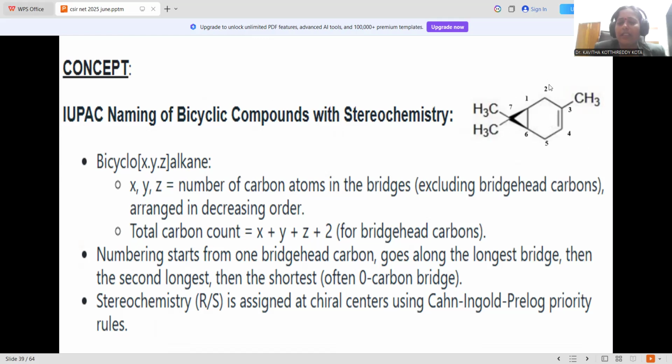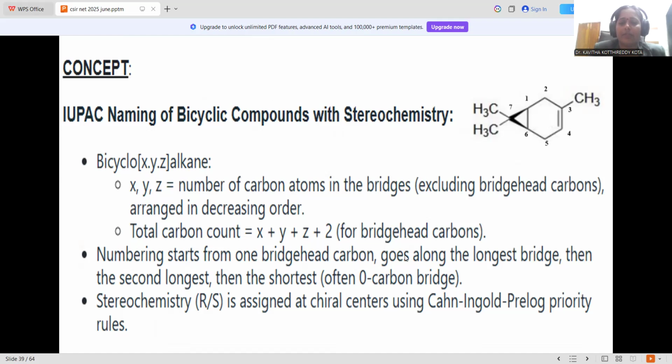The bridgehead carbon means the carbon which is connected with the 2-ring system. So from that bridgehead carbon, numbering should be started. I'm going to start the numbering from this carbon atom. 1, 2, 3, 4, 5, 6, and this is the 7th carbon as well. So this is the way numbering will be given for the system.